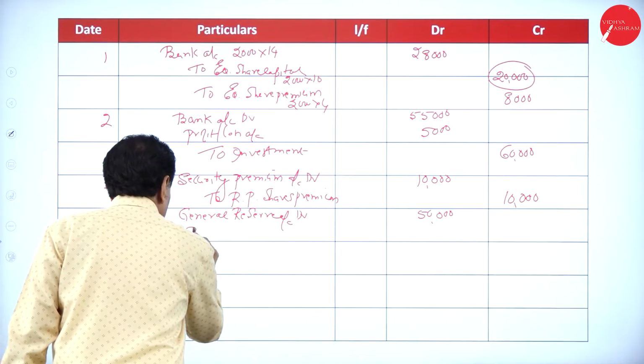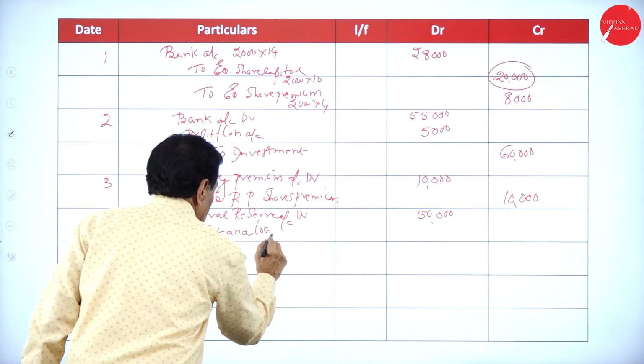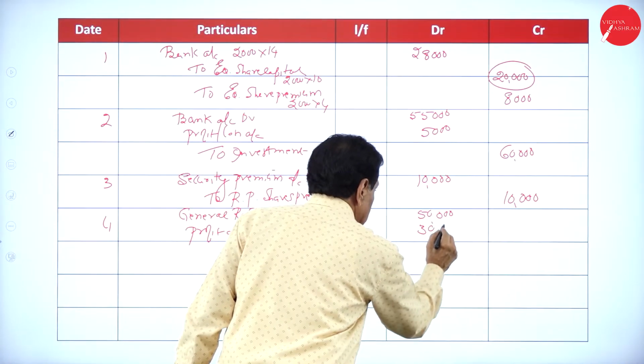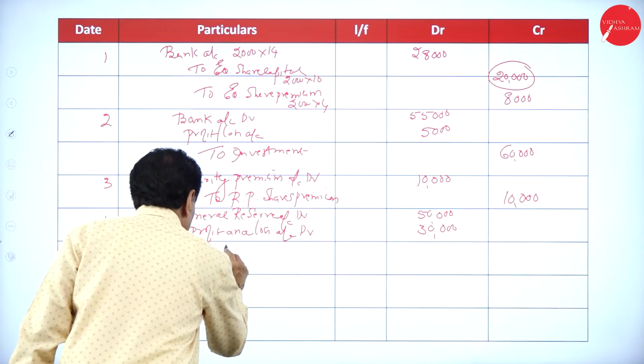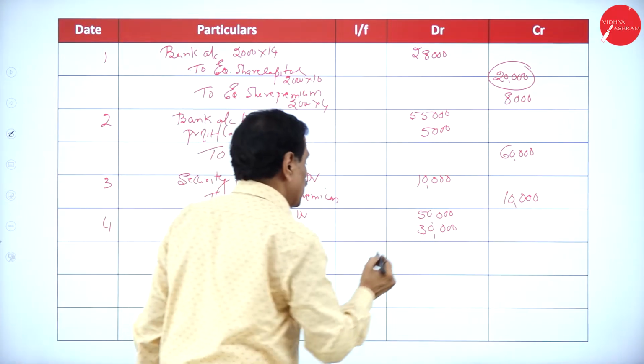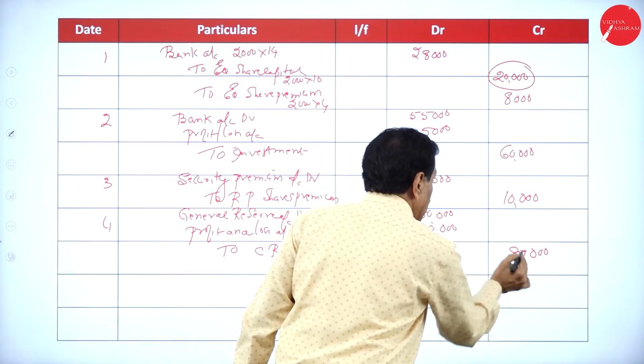Profit and loss account debit 30,000 to CRR account 80,000. For the shortage, you create the CRR.